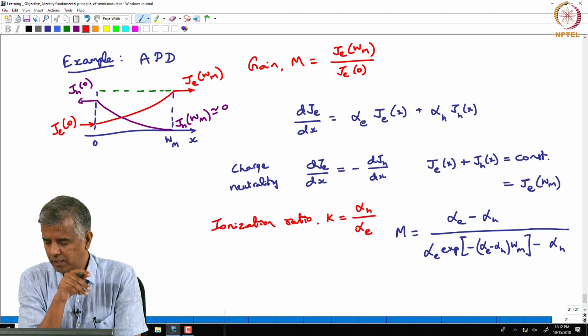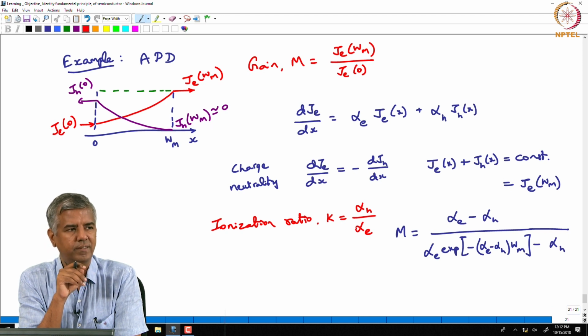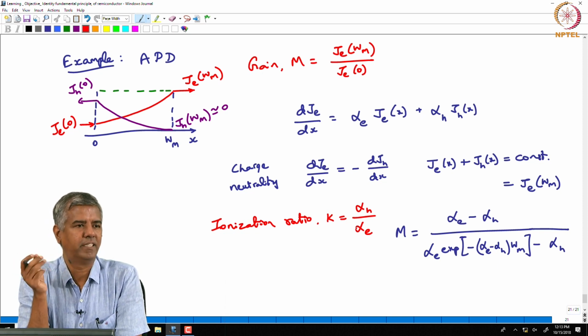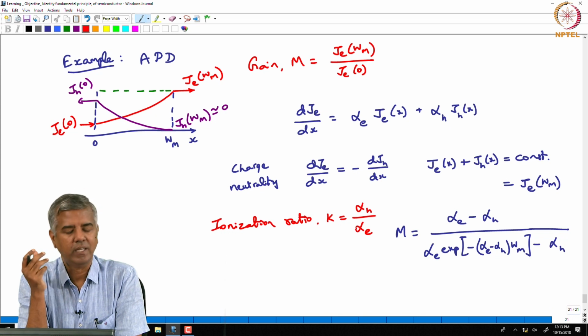For materials like silicon and indium gallium arsenide, what can you say about the value of k? Is k much less than 1, k equal to 1, or k much greater than 1? k is much less than 1 because alpha h is less than alpha e.